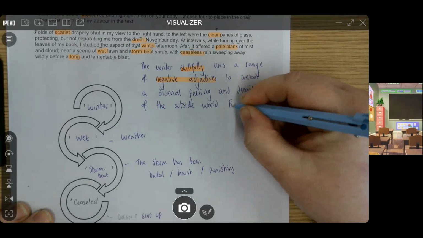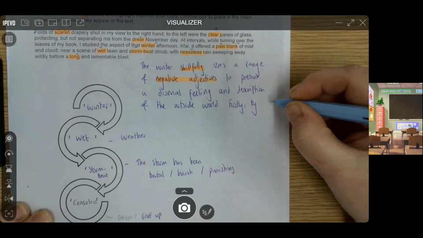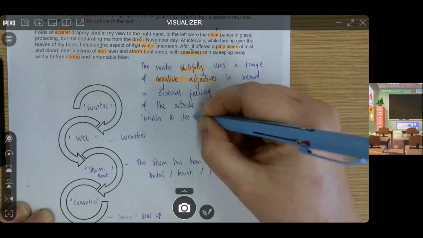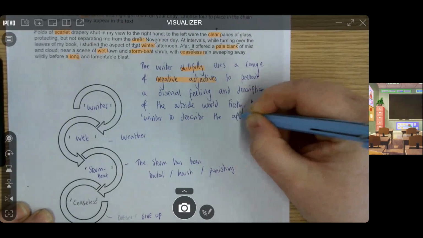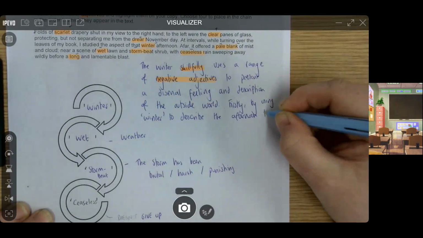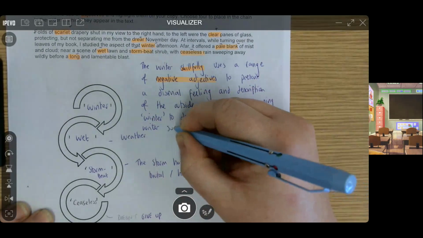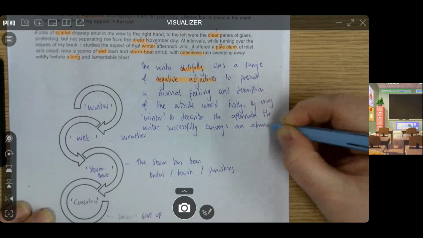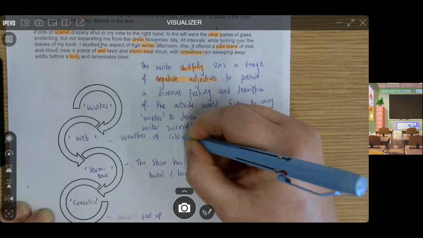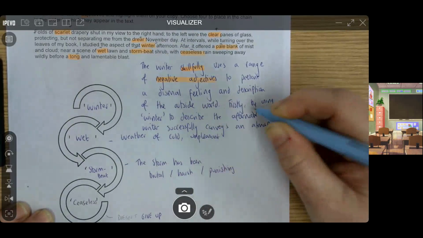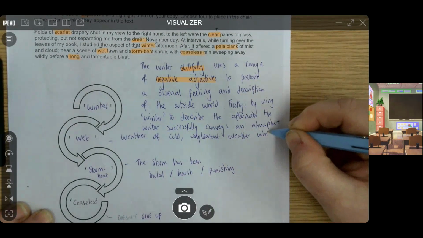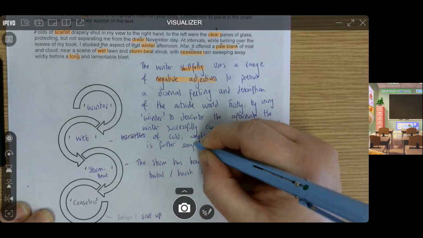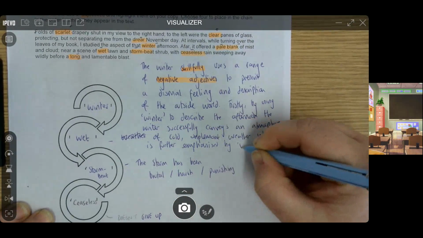I'm going to start by saying, firstly, by using winter to describe the afternoon, the writer, and I'm going to put successfully conveys an atmosphere of cold, unpleasant weather, which is further emphasized by wet.